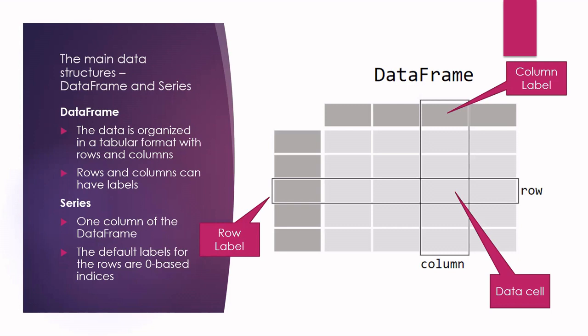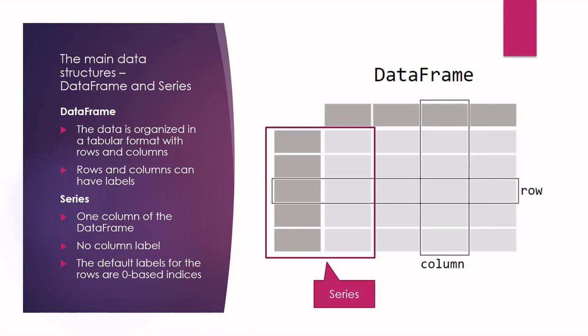But what differentiates the data frame from a two-dimensional array is that you can add meaning to that data. So you have these labels to introduce meaning to the data that you organize in this two-dimensional data frame. Okay.